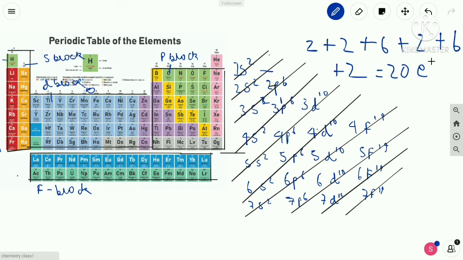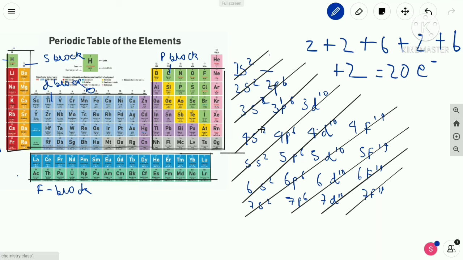So for the first 20 elements, the valence shell goes in an increasing order of energy levels. Hydrogen and helium have the first energy level, then lithium, beryllium, boron, carbon, all of them until neon have the second energy level, like KLM, what we learned basically.